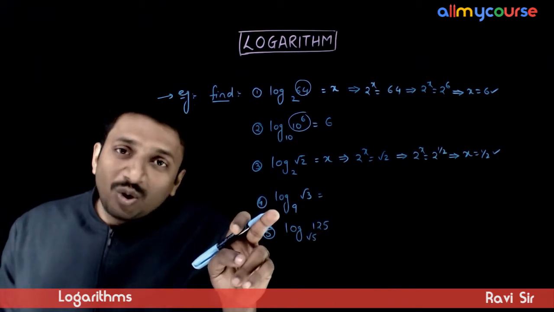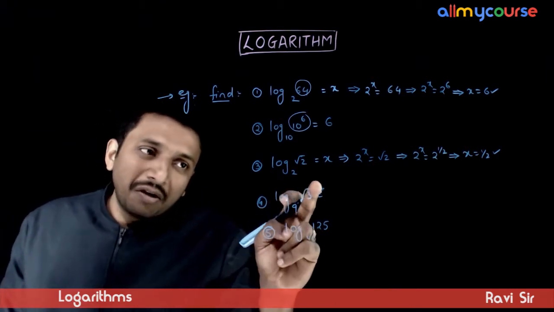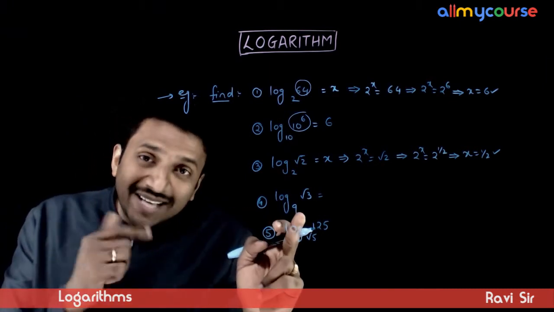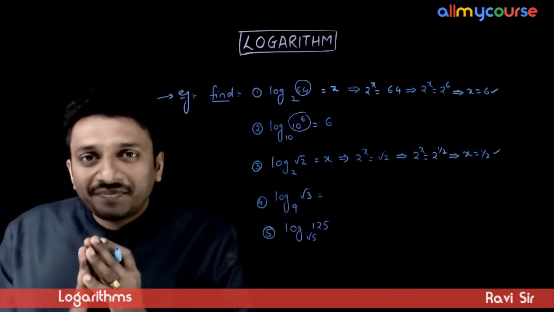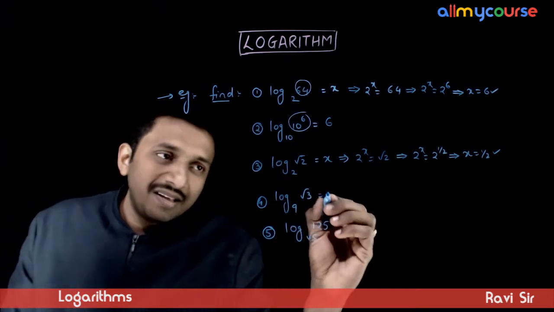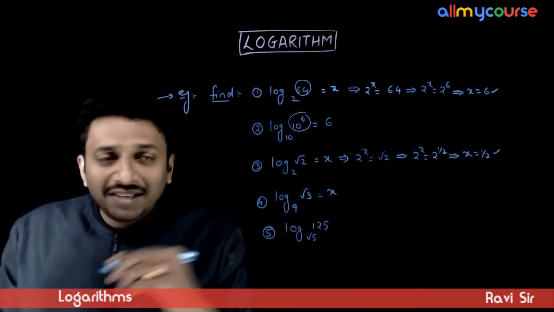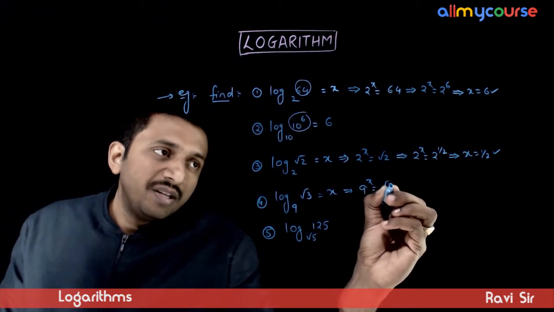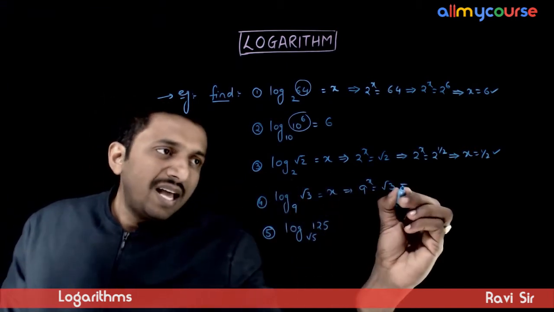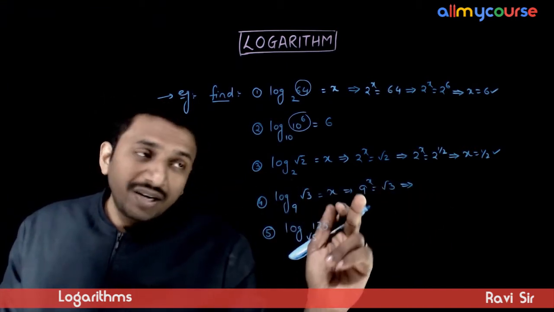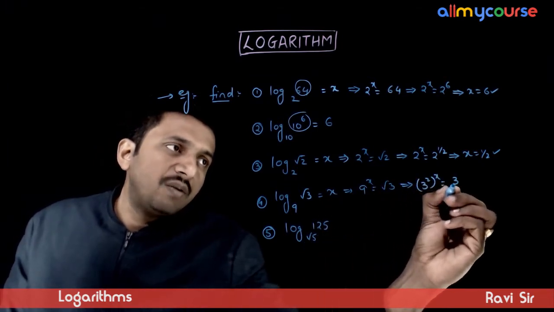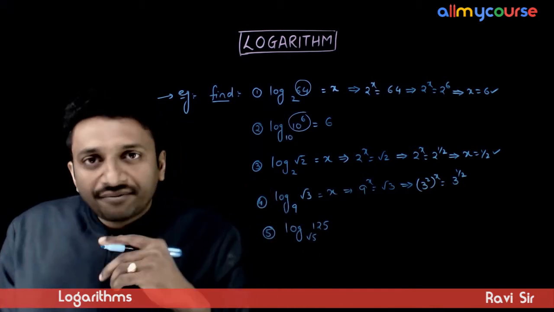And now let us go to this question. What is log root 3 to the base 9? To what power 9 has to be raised to get root 3 as the answer? Again, initially let it be equal to x. This implies 9 power x has to be equal to root 3. And this implies 9 is 3 square, so 3 square power x has to be equal to 3 power half.